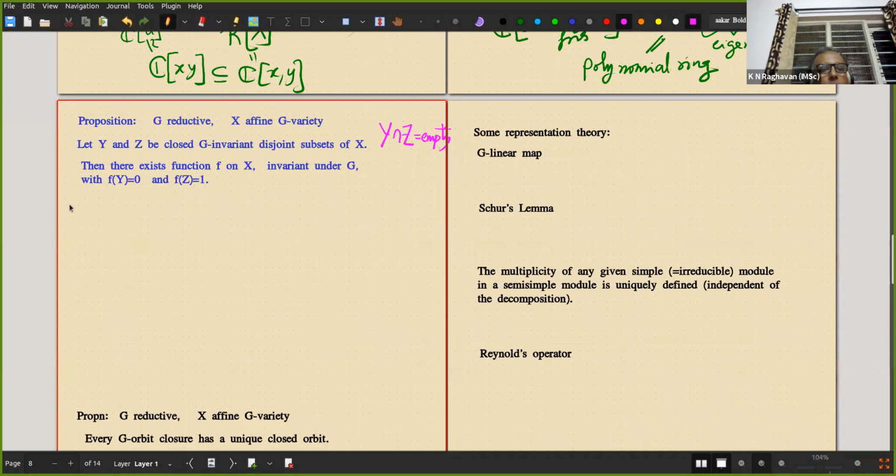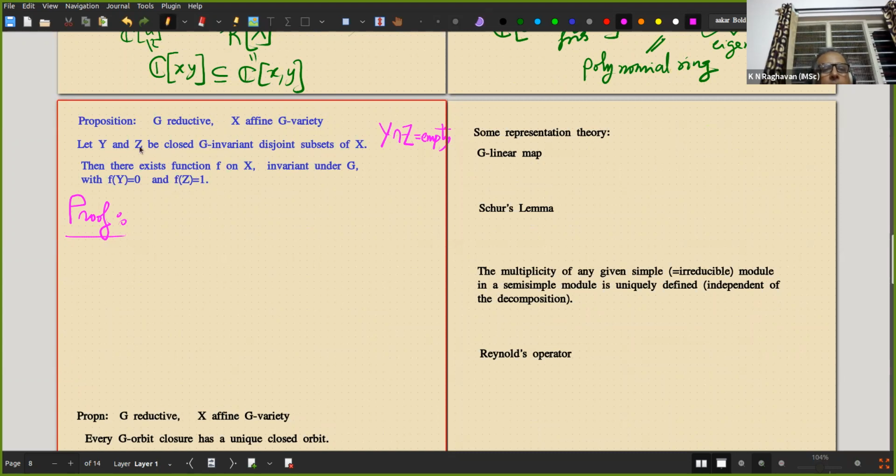So here is a proof. Let me sketch it; the proof sort of writes itself. Let us forget for the moment that it is G-invariant.